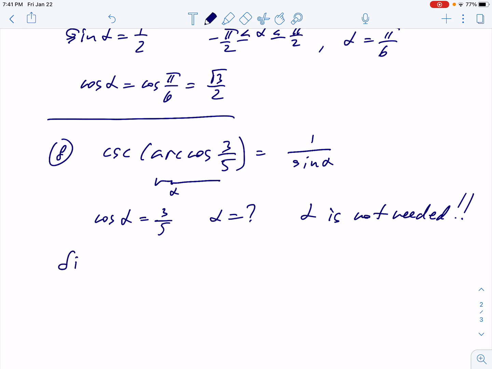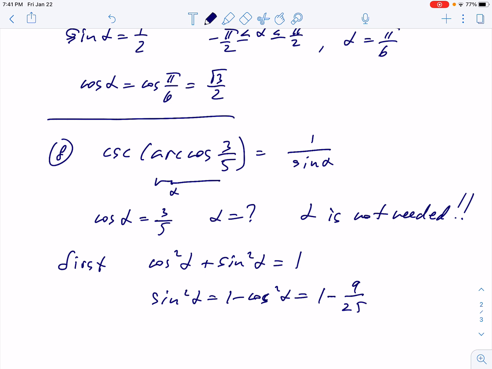First solution, we can use this basic identity, cosine squared alpha plus sine squared alpha will be 1. And since we know what is the cosine, I can write sine squared alpha is 1 minus cosine squared alpha. Here, this will be 1 minus 9 over 25, which will be 16 over 25.